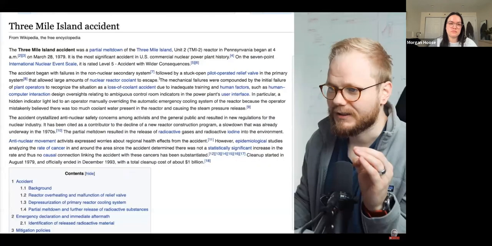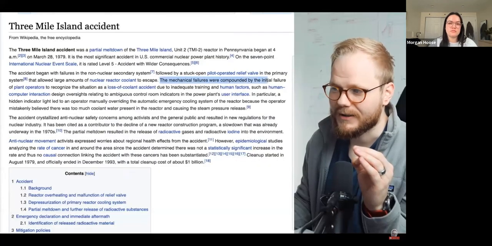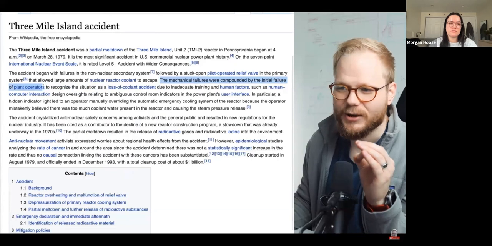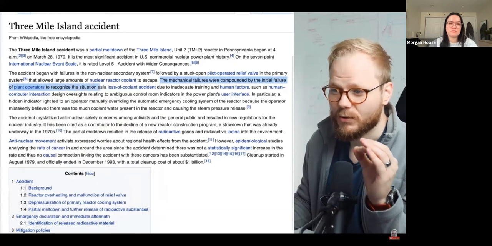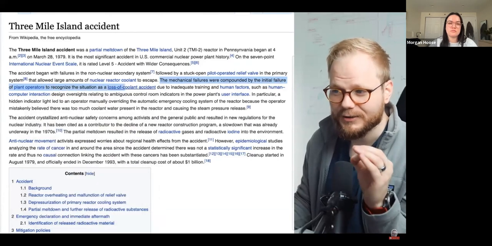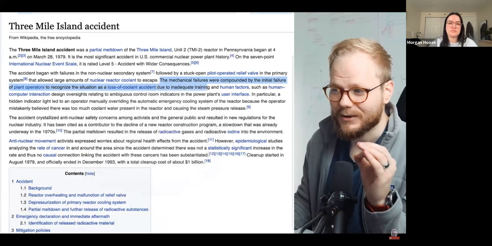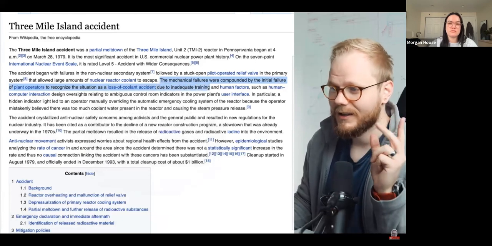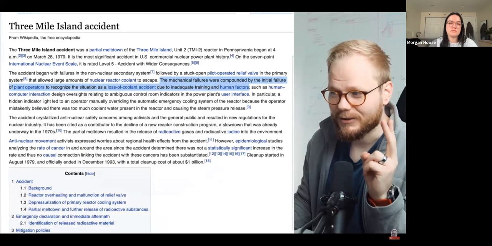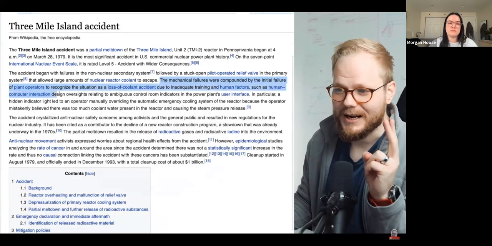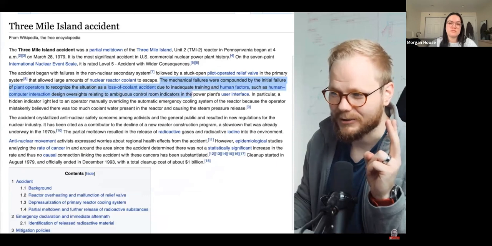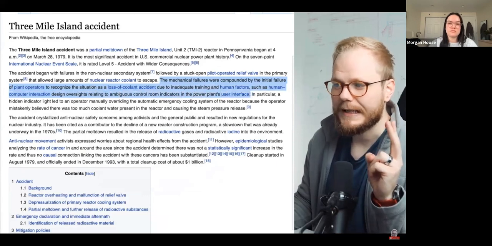One of those examples is the Three Mile Island accident, a nuclear meltdown which happened in the late 70s in Pennsylvania, US. If you jump into the Wikipedia article, it basically states that mechanical failures were compounded by the initial failure of plant operators to recognize the situation as a loss of coolant accident due to inadequate training, and by human factors, as human-computer interaction design oversights relating to ambiguous control room indicators in the power plant's user interface.